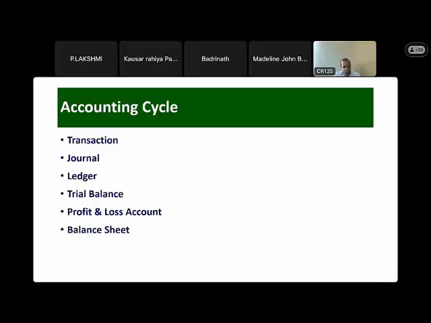This is the process; you can't just jump to the balance sheet and then prepare the profit and loss account. This is what we call a cycle. Once your profit or loss is determined, you proceed to prepare a balance sheet.